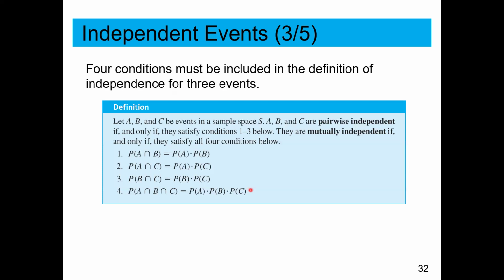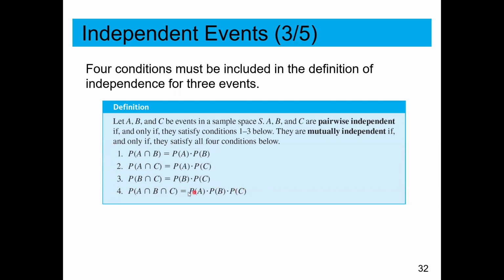Now, this leads us into more properties of independence. If A, B, and C are pairwise independent, which means A and B are independent, B and C are independent, and A and C are independent, those would result in the first 3 conditions being true.